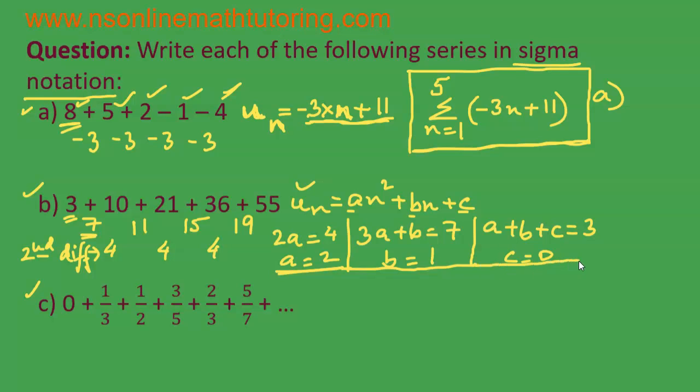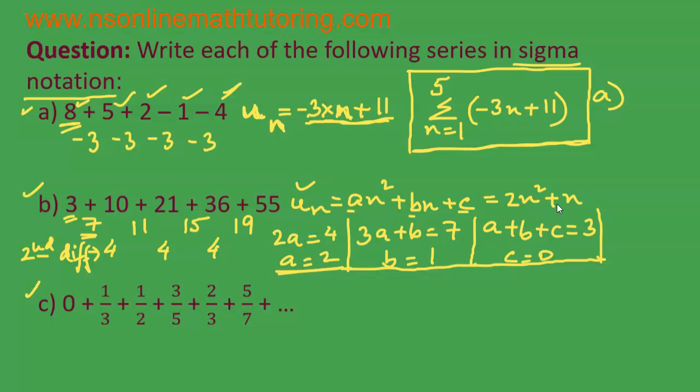So, these are the three variables and we have found the numerical values of the three variables. So, for this series, the quadratic expression for the general term is 2n squared plus 1n, or simply n, and c is equal to 0.